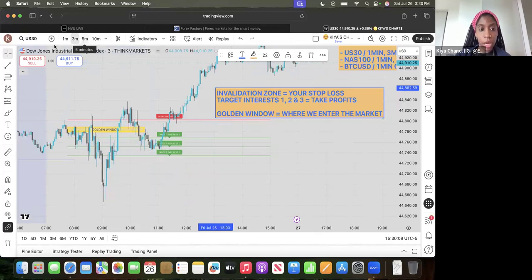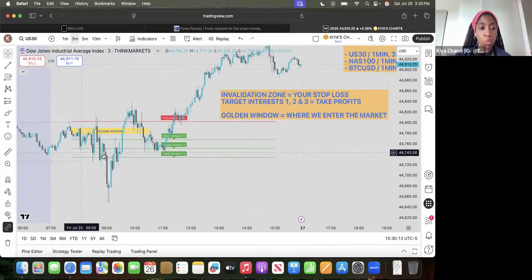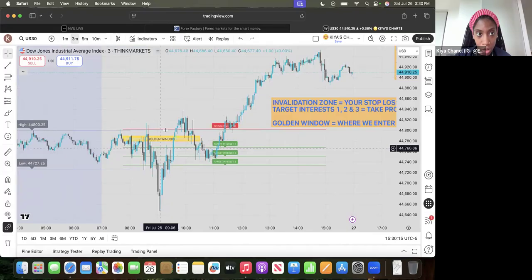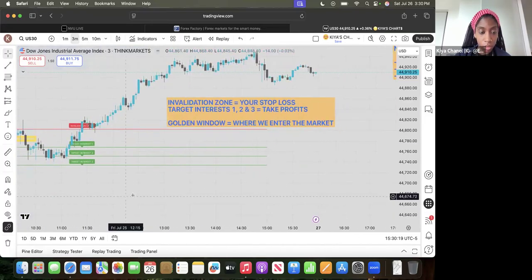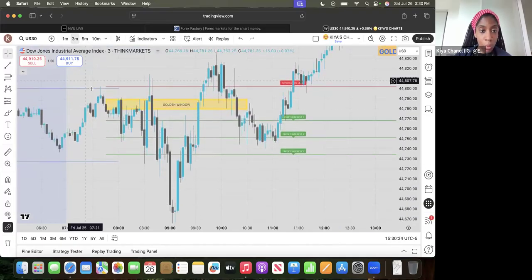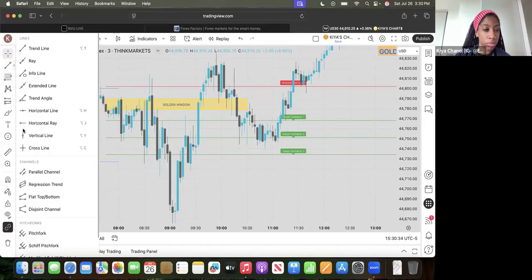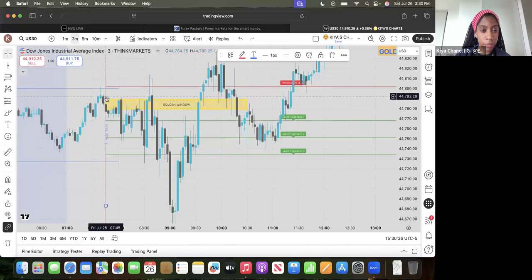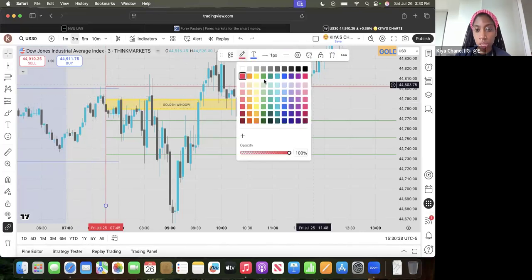Okay. So when we see that this trade came out on the 3 minute on US 30, what I always do is I wait for the candle to close. So this candle right here, let me put a line right here so y'all can fully see it.